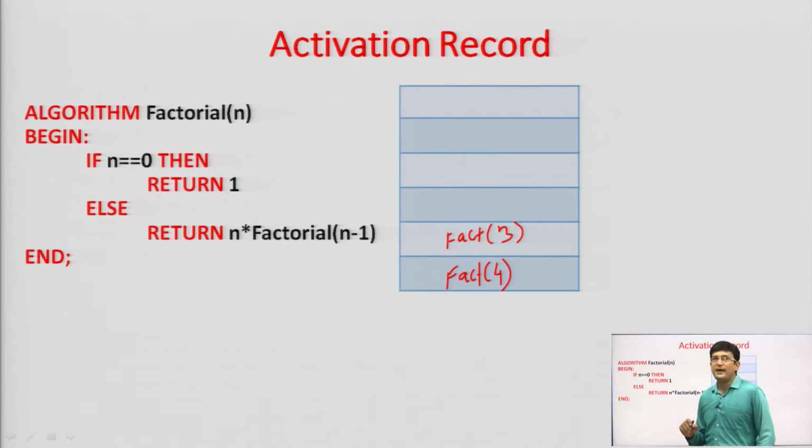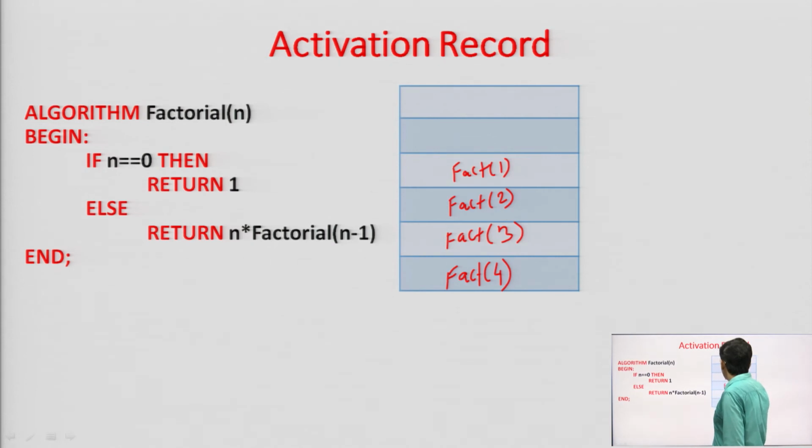So, the factorial 3 activation record is created and is stored above the activation record of 4. Similarly, the activation record of factorial 2 will call the function factorial 1. So, the activation record of factorial 1, and 1 will call the factorial of 0. So, activation record of 0 above this, and now comes the return.